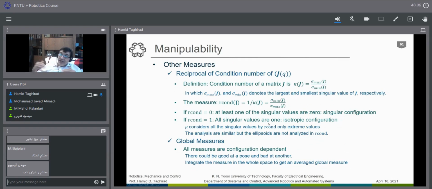And since we have a division of the maximum and the minimum, this condition measure is between 0 and 1, and we can very easily find how close we are to the singular case, how close we are to 0, or how close we are to the isotropic case, the good design, when we are close to 1.